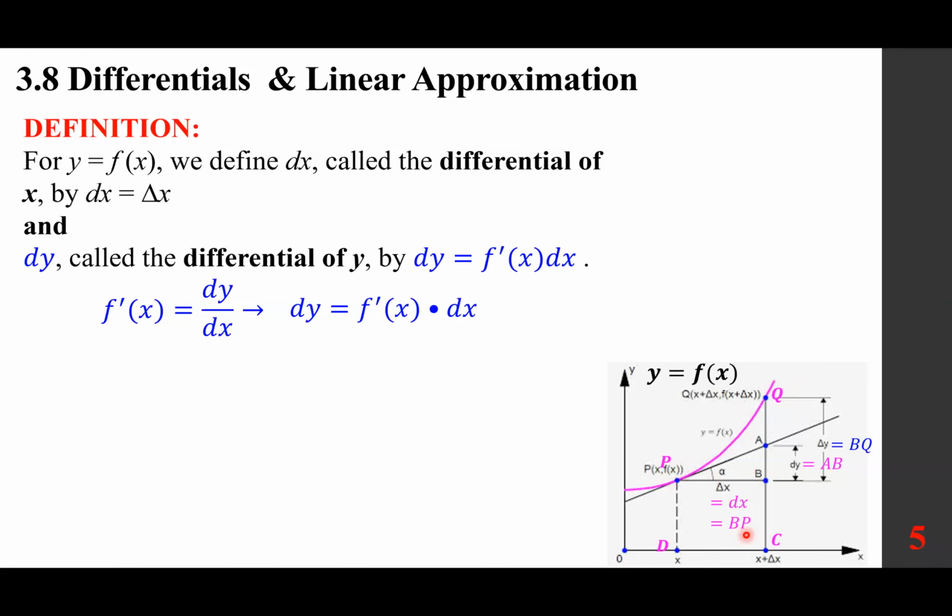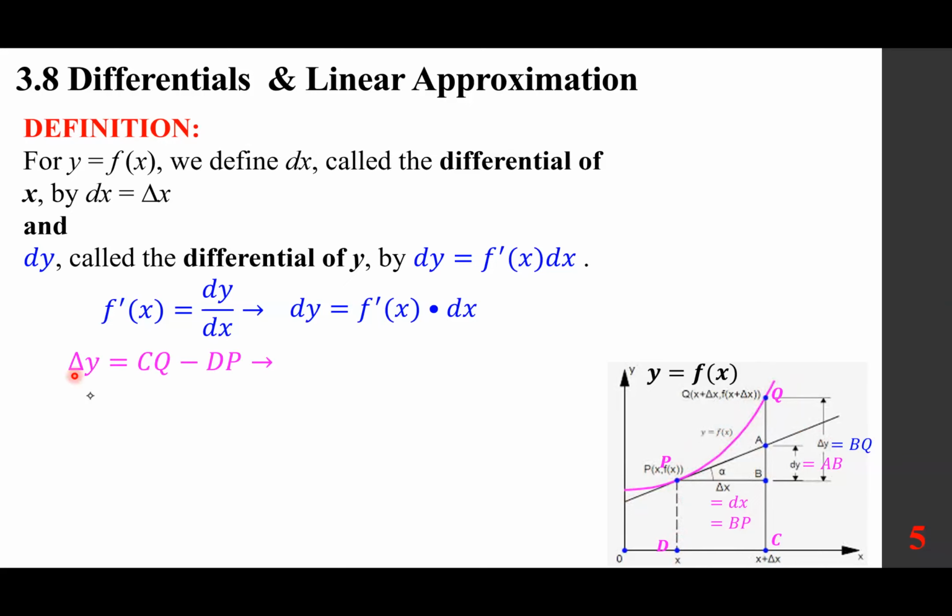But what about the change in y? The change in y along the curve is CQ minus DP, or just BQ, which is delta y.